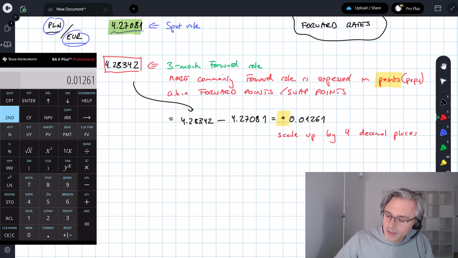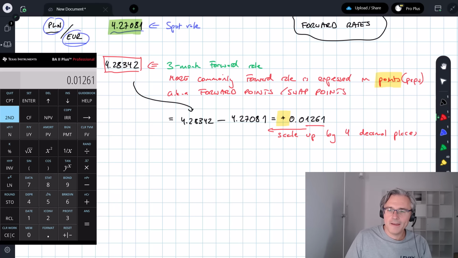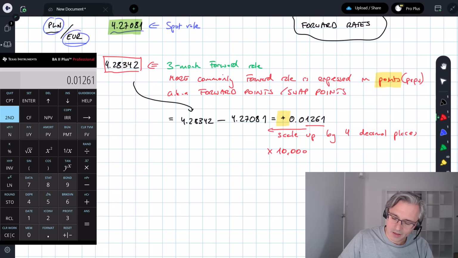In the exam, just scale up by 4 decimal places. So take this, but move it up 4 places to the left. And ultimately, what this will result in is the same as multiplying by 10,000. Okay, so we've got 4 zeros there.